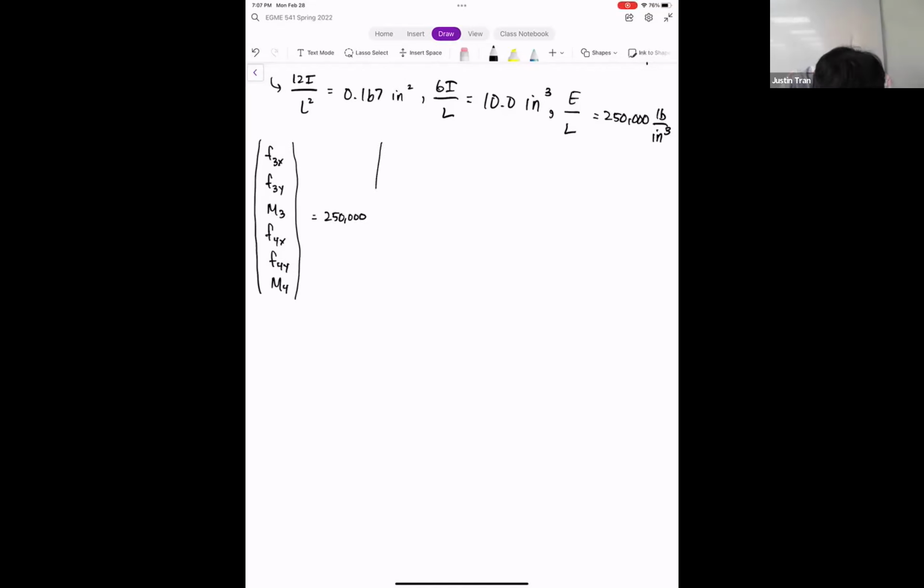Then we have a column for U3x, U3y, theta 3, U4x, U4y, and theta 4. We have rows for U4x, U4y, theta 4, or excuse me, it starts with 3. Got a little bit ahead of myself there. So this is U3x, U3y, theta 3, U4x, U4y, theta 4.